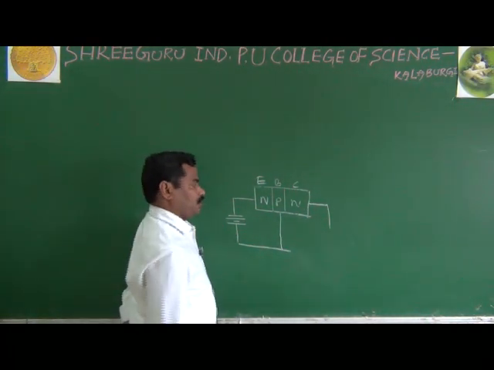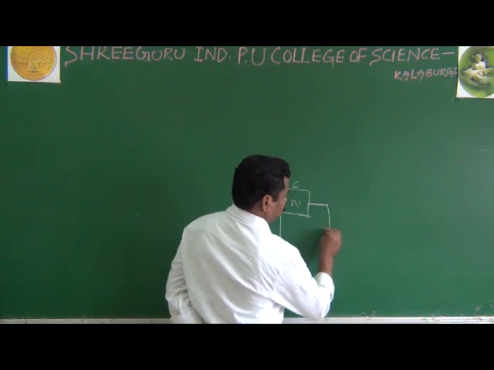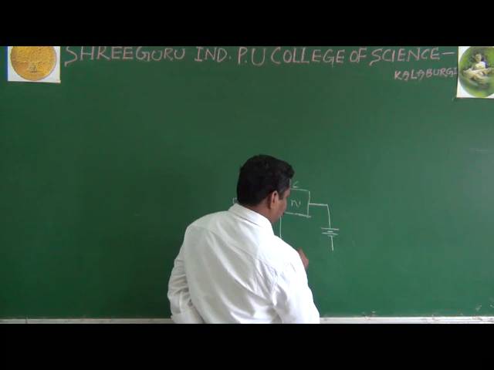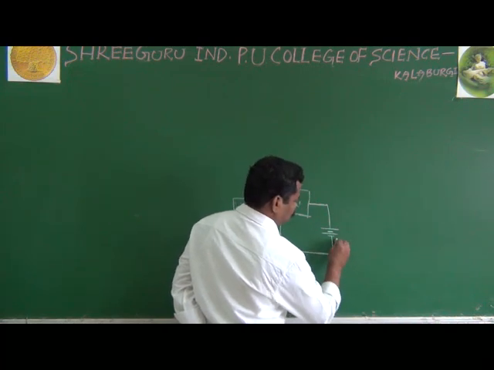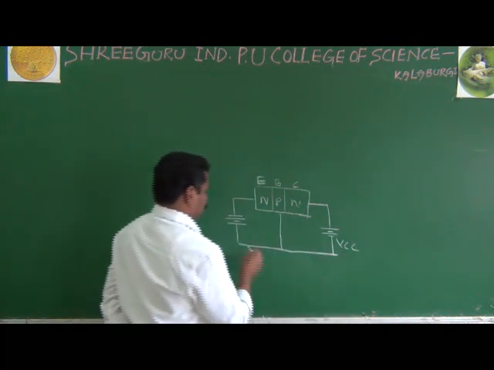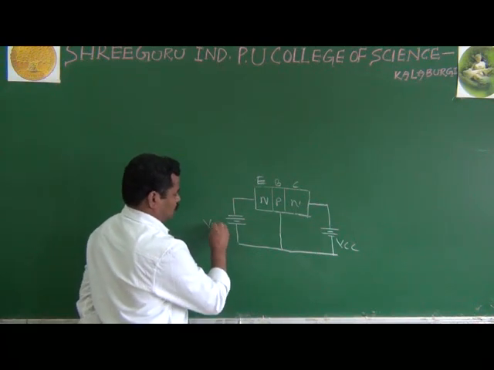To make the output reverse biased, we apply the positive supply here. This is VCC, and this is your VEE.